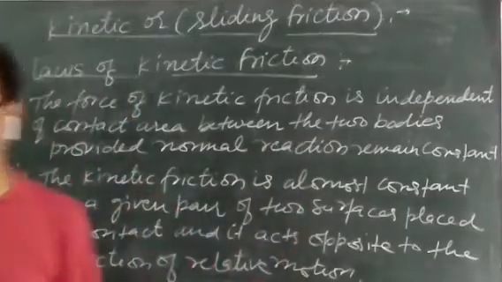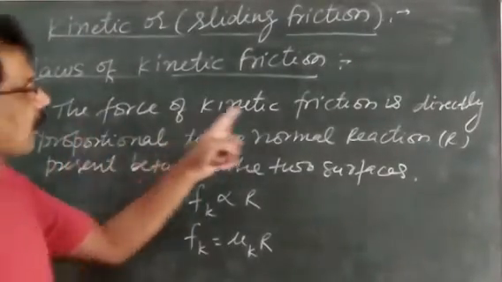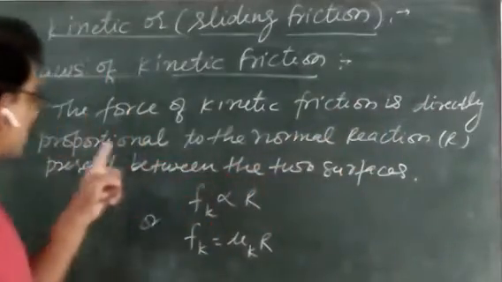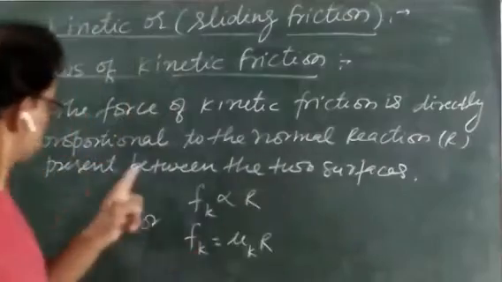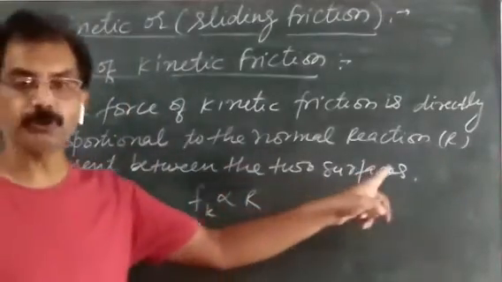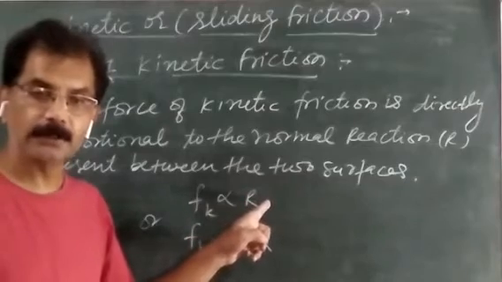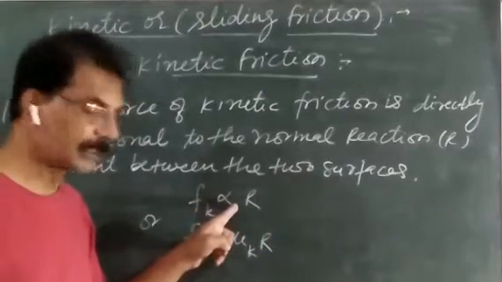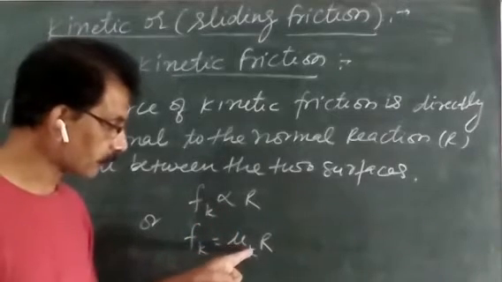And the third law: the force of kinetic friction is directly proportional to the normal reaction present between the two surfaces. You can write Fk is directly proportional to R. When we remove the proportionality sign, we introduce a new constant, and that new constant is mu k.